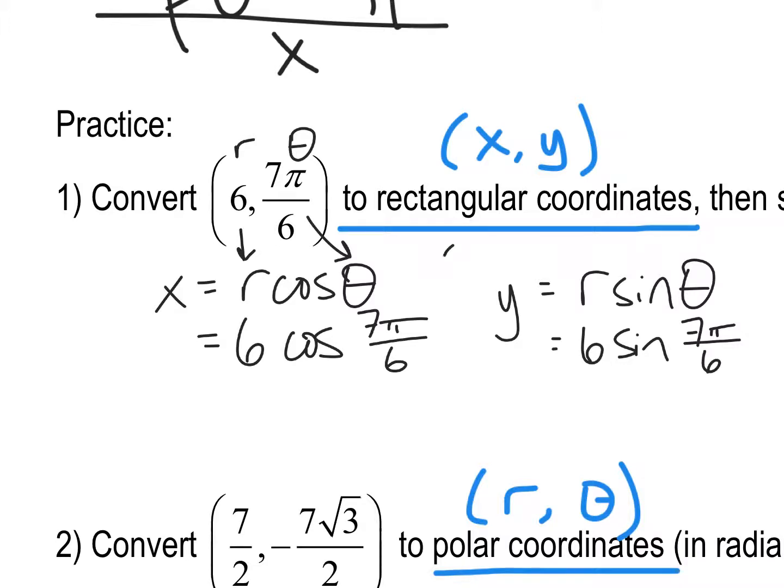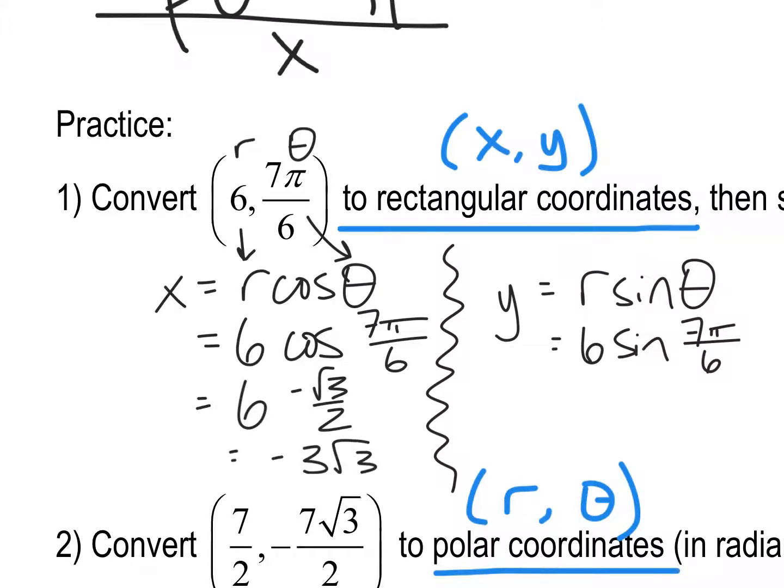We can't forget unit circle stuff, because that's going to come into play this semester also. The cosine of 7 pi over 6, remember that's in the third quadrant, and it's a 30-degree reference angle, so that's going to give us negative radical 3 over 2. And that's going to be negative 3 radical 3 for my x value. We'll do the same thing over here for y.